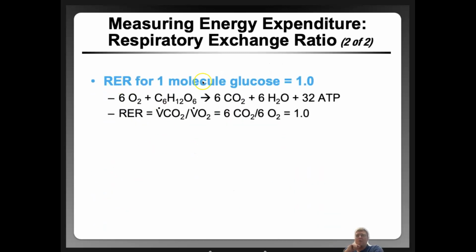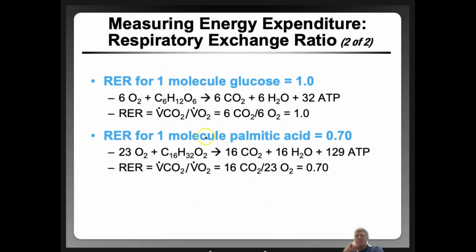So an RER of 1 is for 1 molecule of glucose. Apparently that is a quiz question. And you could go through all the chemistry: 6 oxygens and the carbohydrate, I forget what that molecule is, gets split into a bunch of ATP. And your RER is 6 in, 6 out, so 1. So there's the calculation of why an RER of 1 is 1 molecule of glucose.